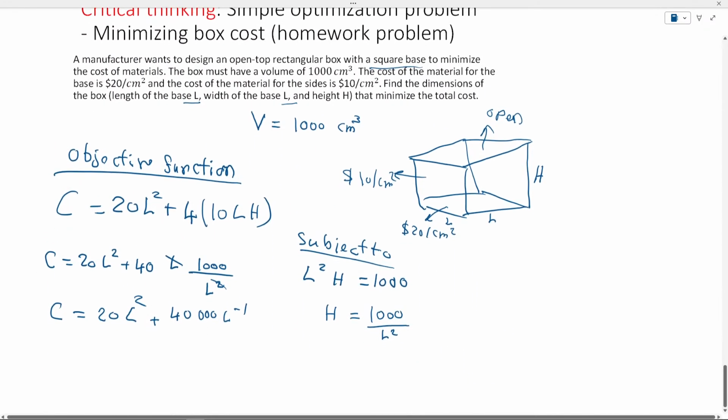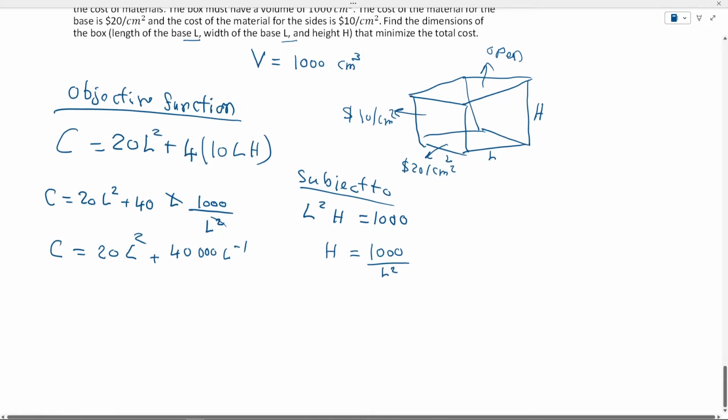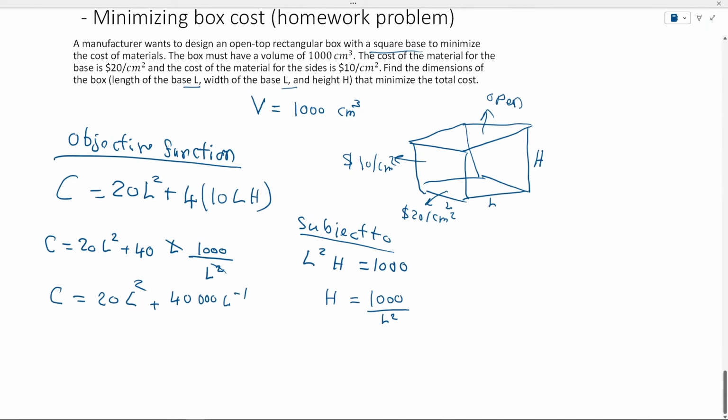So let's continue with your homework problem. What do you do? In order to minimize this, we want to find the value of L that will give us the minimum cost, and we know that is when the derivative of C is equal to 0.